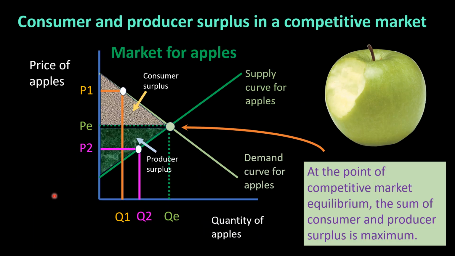So let's look briefly at the market for apples. Here we've got consumer surplus and producer surplus in the competitive market for apples. Consumer surplus is this triangle here.